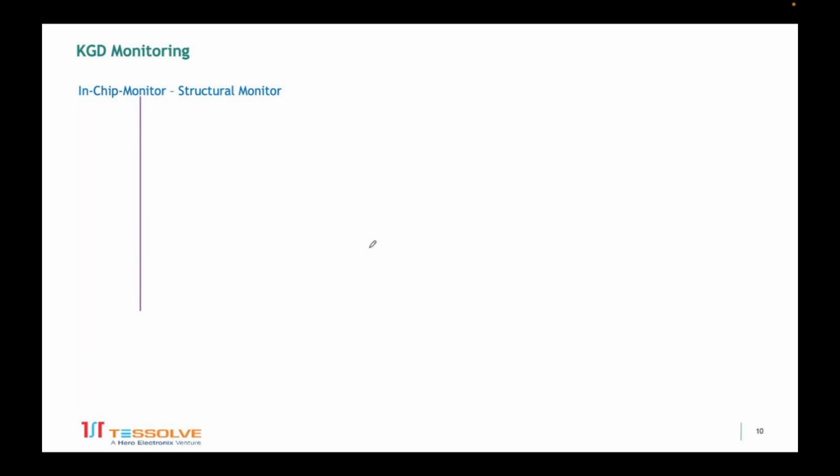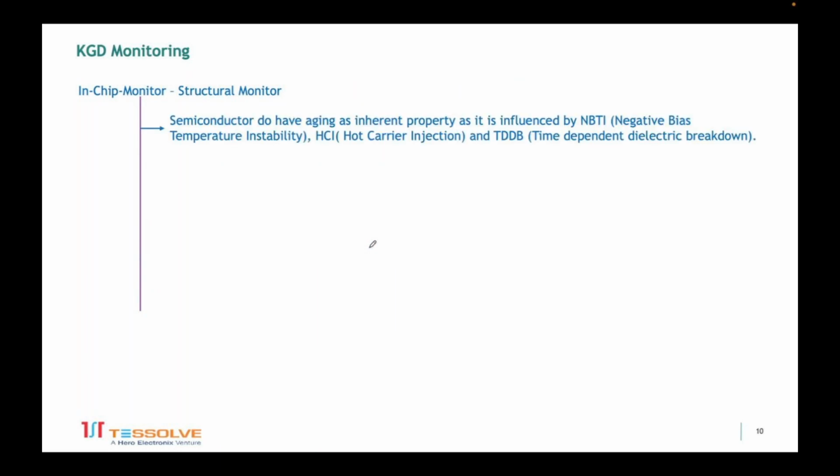The other aspect is the structural monitoring. In other words, every device has got an aging property due to various effects, like NBTI or hot carrier injection, or time dependent dielectric breakdown. And these are all going to matter in very mission critical applications.